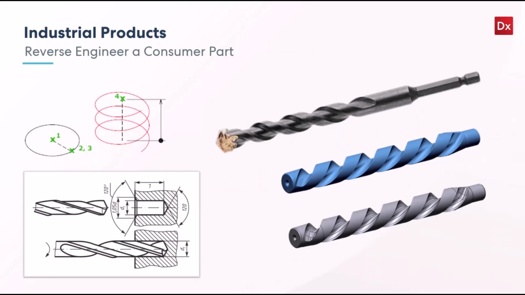So this one is a Helix application, and there are lots of industrial products that utilize Helix within their design process, and I break this out as a separate application because working with Helix in CAD can be a very specific specialty, right?